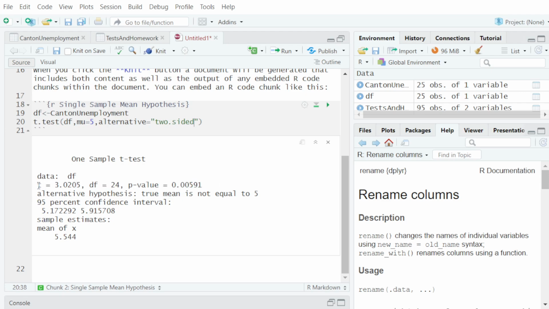This t value is what it calculates, which is equal to your sample mean minus the hypothesized mean divided by the standard error. The standard error would be the standard deviation divided by the square root of your sample size. So in this case, t equals 3. Interpreting this directly is hard to do because it depends on your sample size.